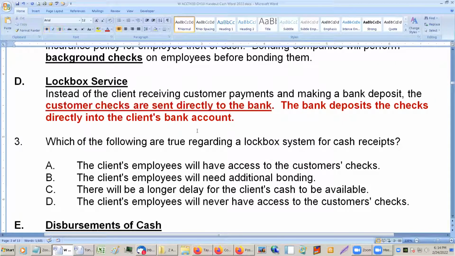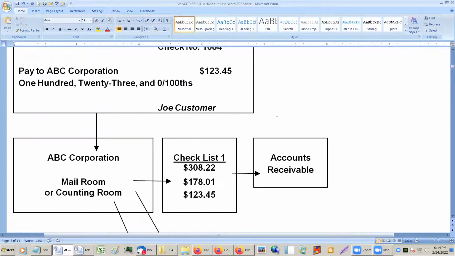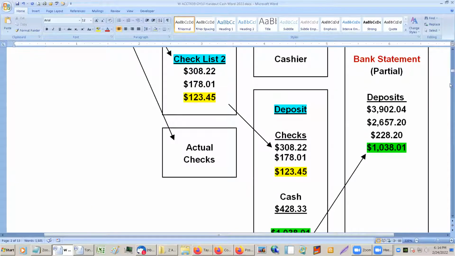Okay, so a lockbox service is a service that the bank provides. And instead of going through the whole process like we did up here, it goes directly to the bank.